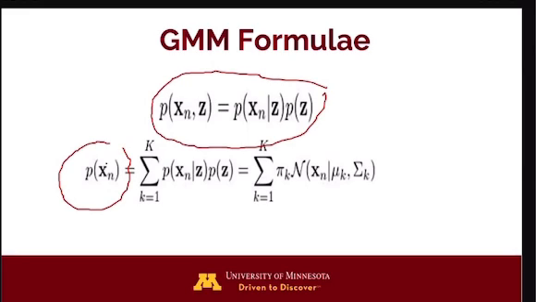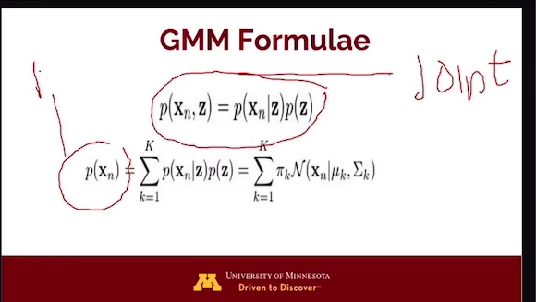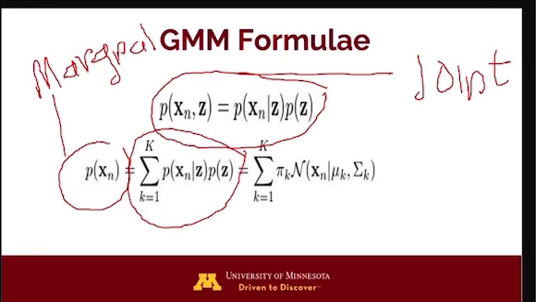Since this is the probability of the joint of two variables, Xn and Z, can I find the marginal? The marginal probability is when I'm only interested in one variable at a time. That is going to be the sum of that very joint, over K from 1 to n.